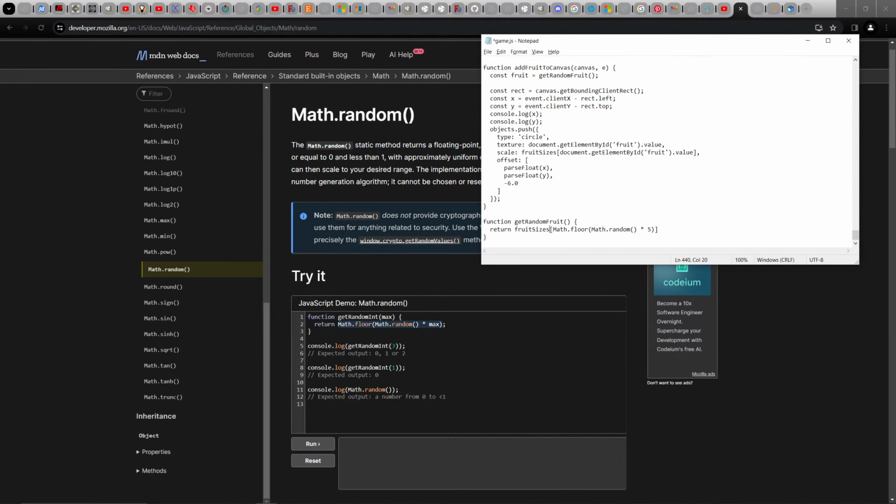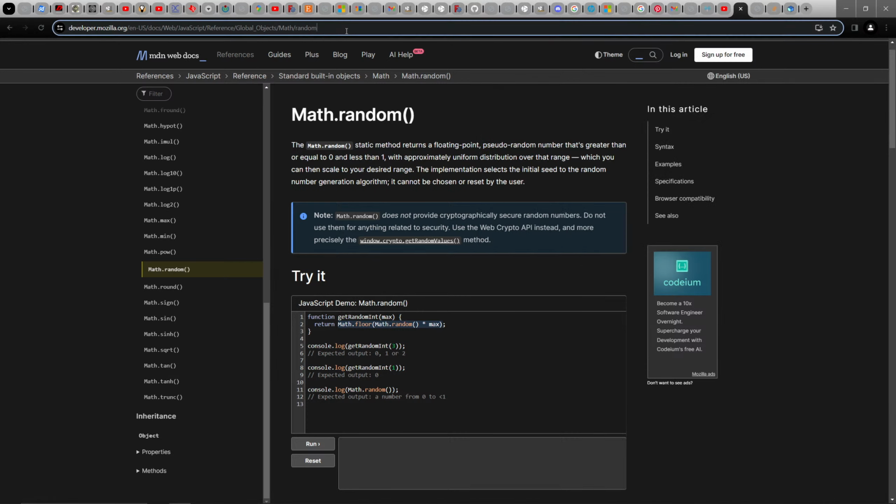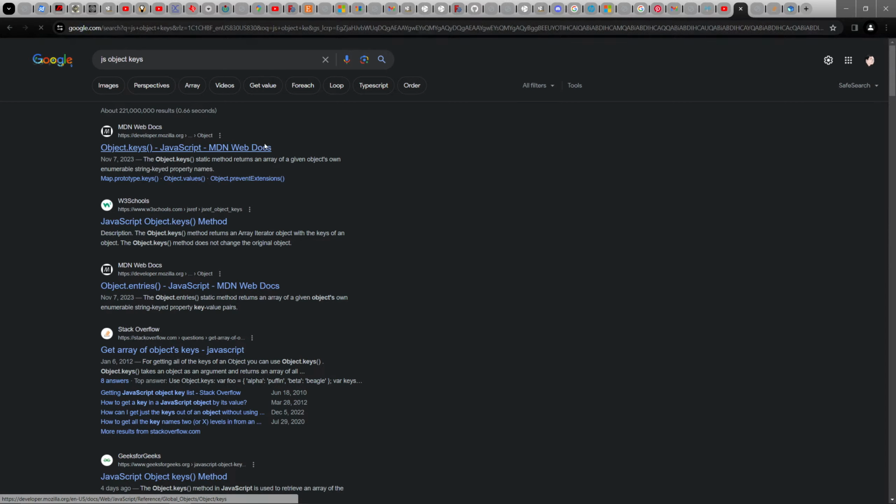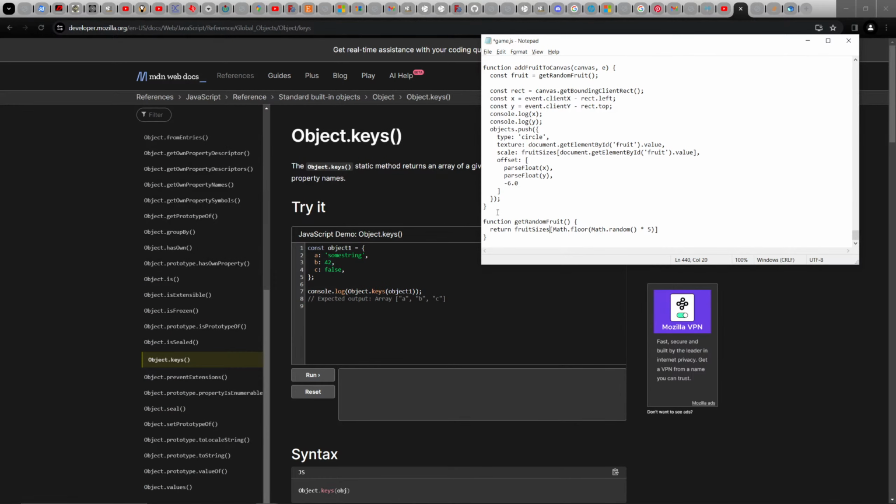So it's like Object.keys, I believe. Yep. Object.keys. That'll get me the keys. And then pull out a random one of them from 0 to 5. Yeah, that should do.